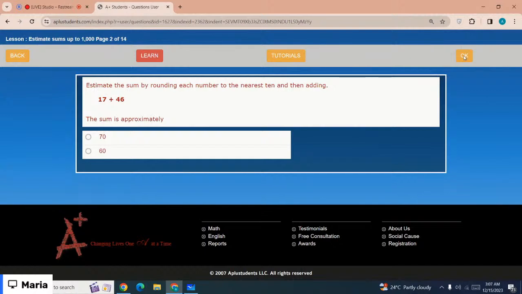Very good. The next one is estimate the sum by rounding each number to the nearest 10 and then adding: 17 plus 46.